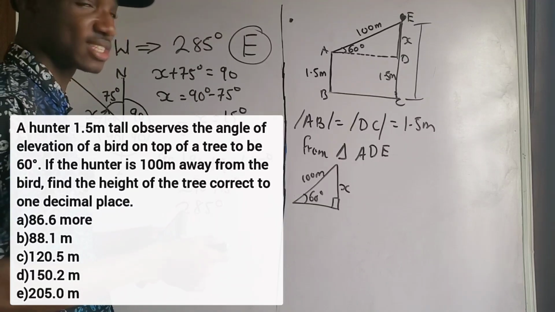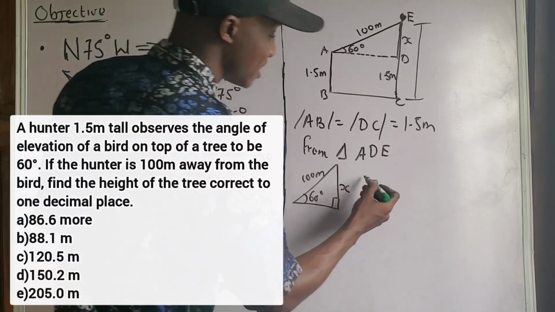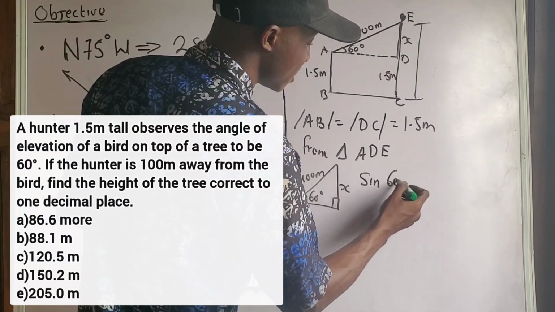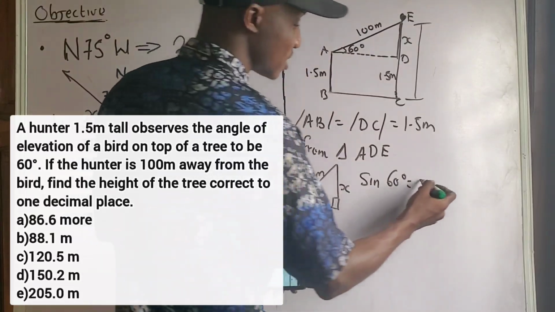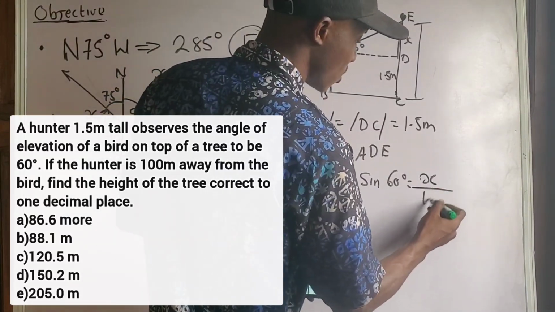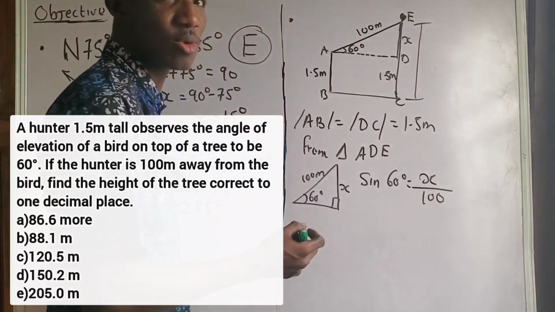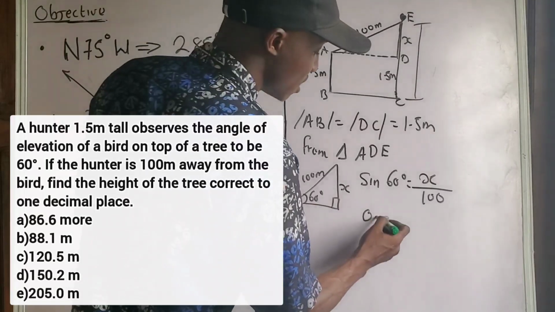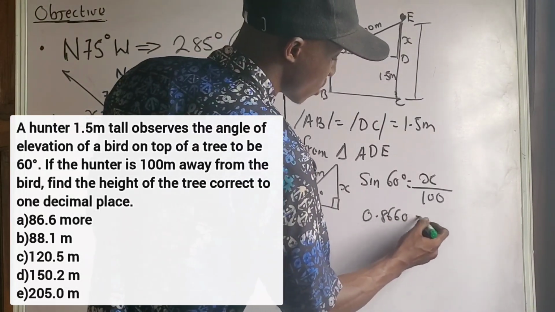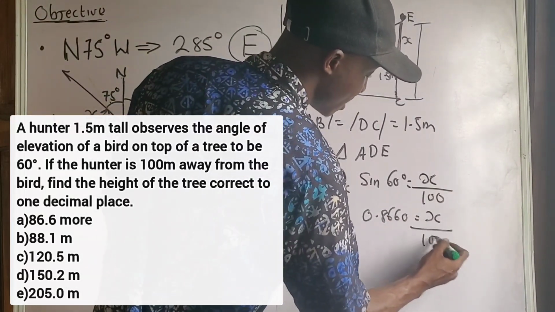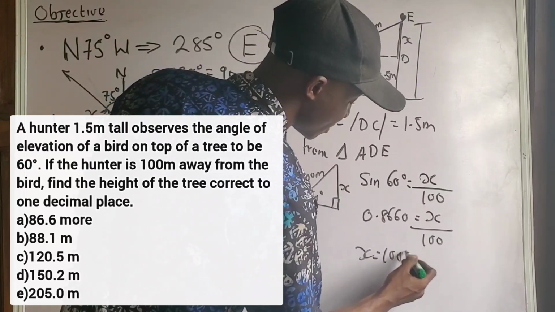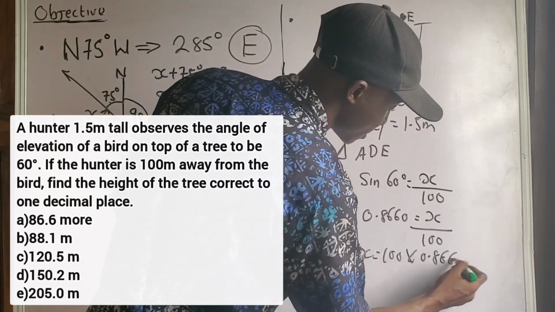Opposite and hypotenuse, that is sine. So I'm going to have sine 60 degree equals opposite, which is x, all over hypotenuse, which is 100. Sine 60 degrees is 0.8660, so 0.8660 equals x over 100. x is equal to 100 multiplied by 0.8660.